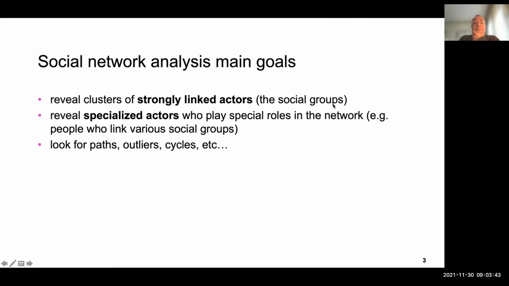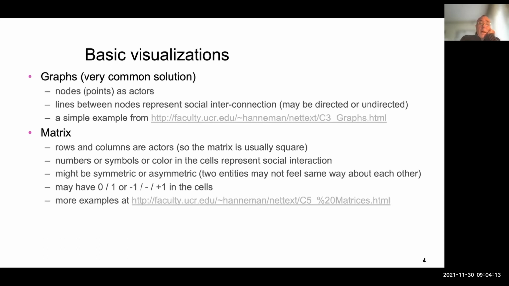You have social groups, or you want to look for some path in a graph, or you want to spot some actors that have a special role in the network. Maybe people that are linking different groups. And as always, you look for outliers, cycles, whatever. This is the idea. But this is intended to work on a social network.